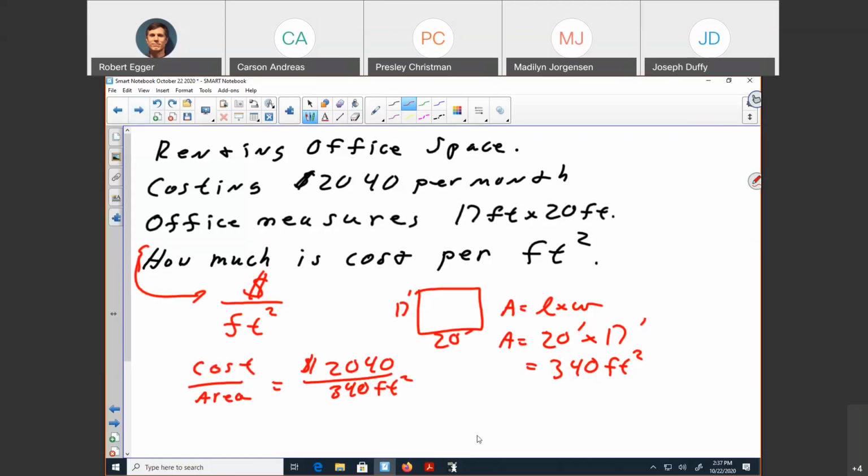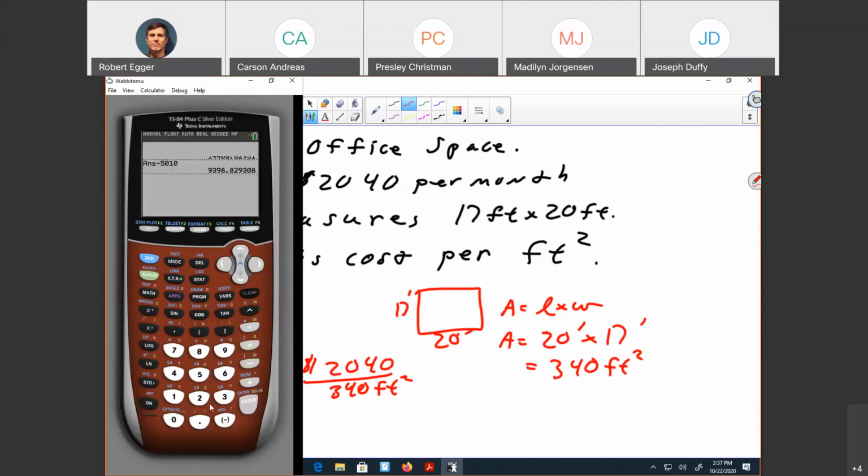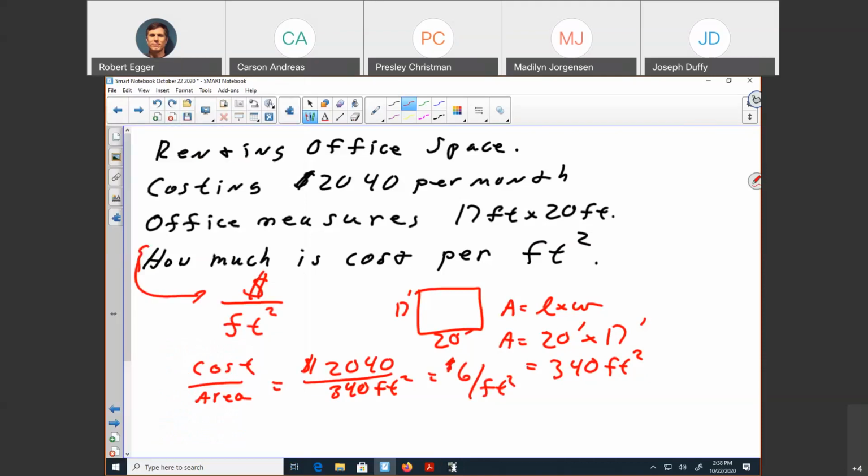And that's too much math for me to do. 2040 divided by 340 is $6 per square foot.